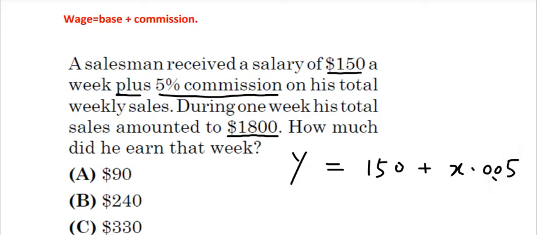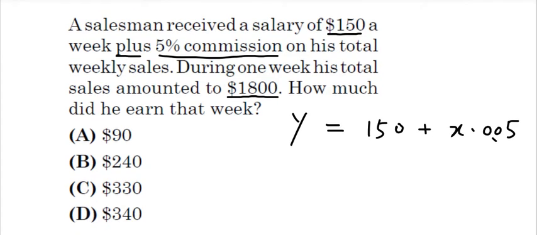Okay, so here if the sales is 1800, then how much can you earn from commission? We can plug in x equals 1800, right? Also we can consider it this way: 5% of 100, you get $5.